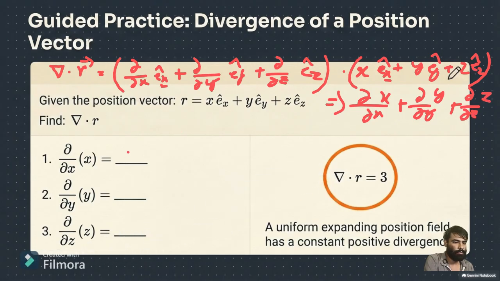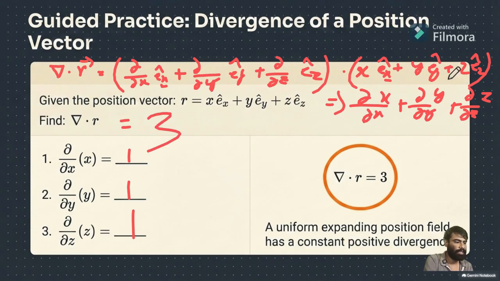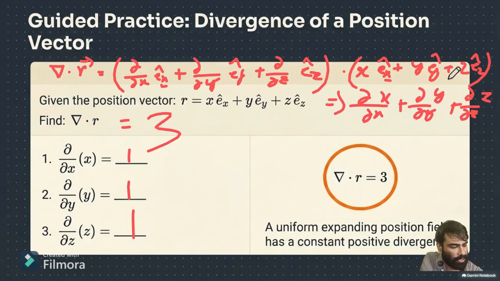Now each is 1, 1 and 1. We know from simple differentiation that del x by del x is 1. So finally we have 1 plus 1 plus 1, that will be 3. So that means a uniform expanding physical field has a constant positive divergence, right?